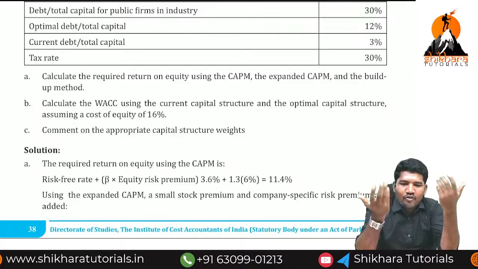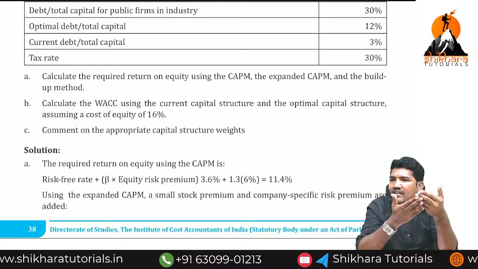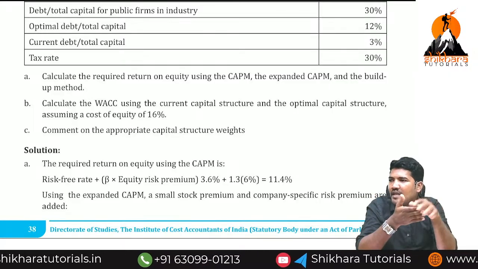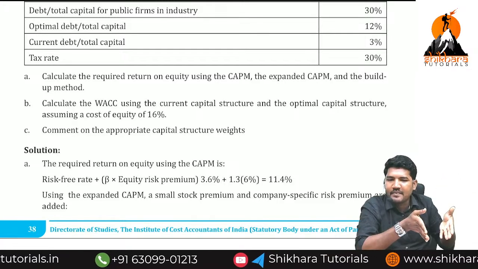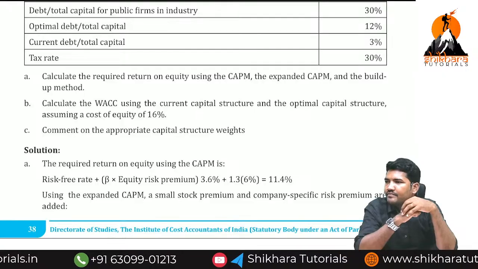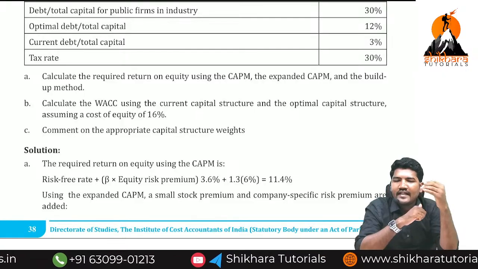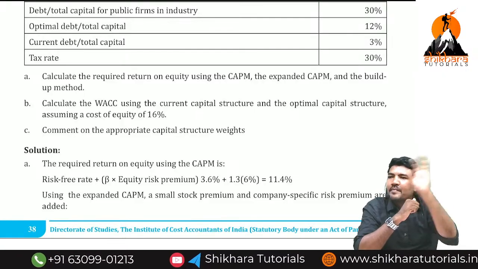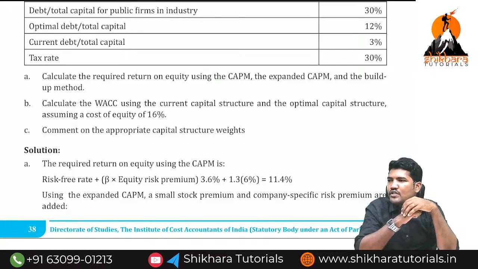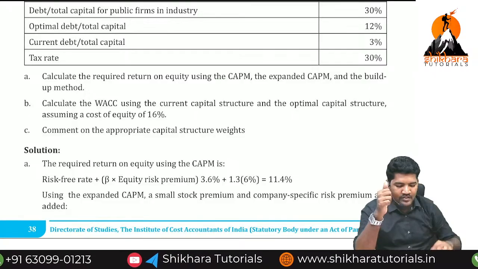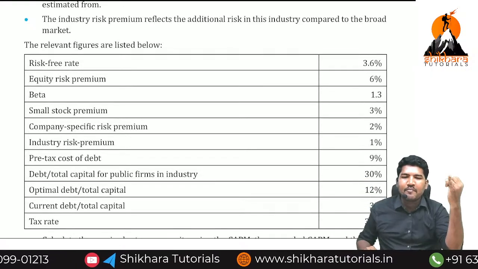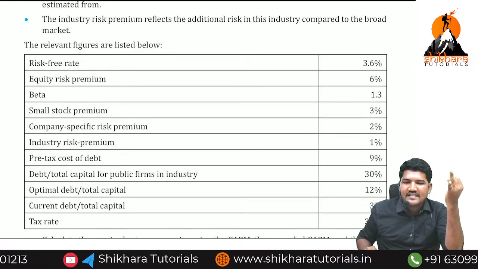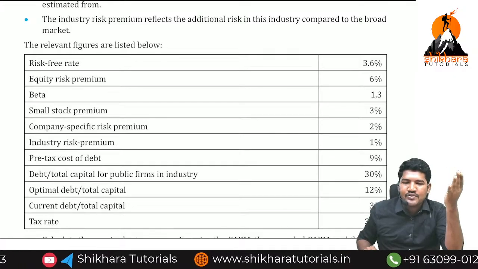If there is no beta, I can't calculate KE under CAPM. Even though there is no beta, you can calculate it with the build up model. Are you clear, sir? They will consider all premiums. KE equals what, sir? All premiums. So in the build up method, KE we can easily find out: 3.6 plus 6 plus 3 plus 2 plus 1.